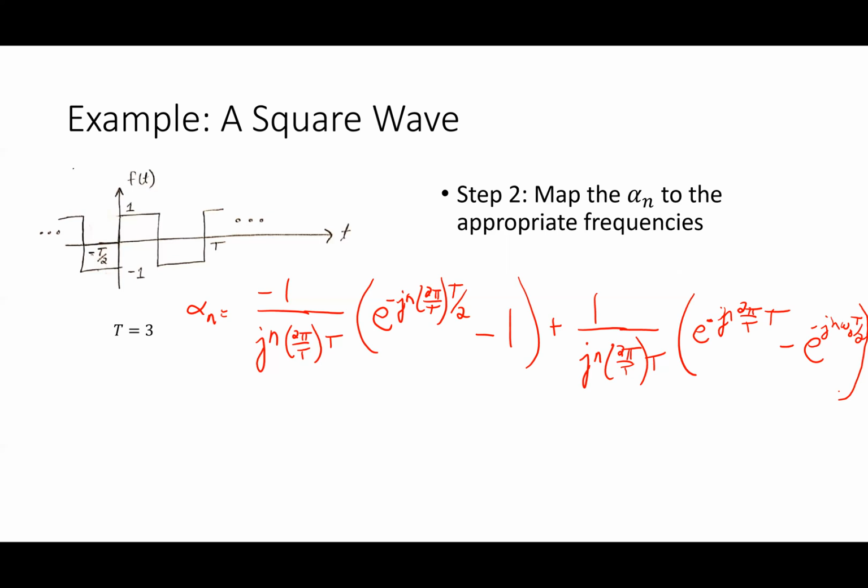Okay. You go through and you try to simplify this thing a little bit. You end up being able to simplify this quite a bit. You can actually simplify it more than I do, right? It simplifies down simply to 1 over j n pi, times 1 minus e to the negative j n pi, like that.